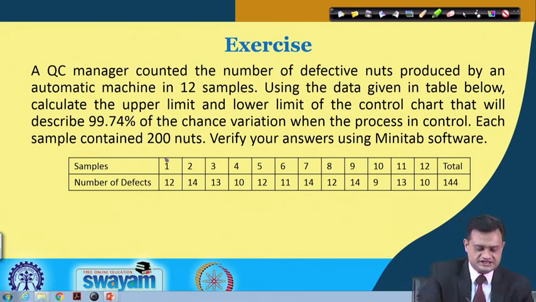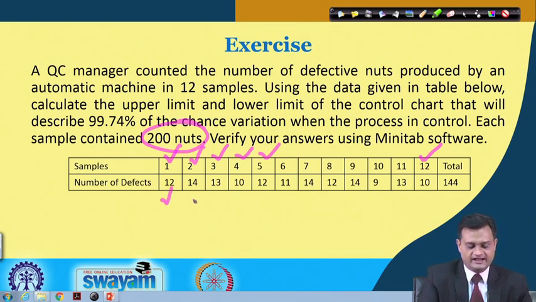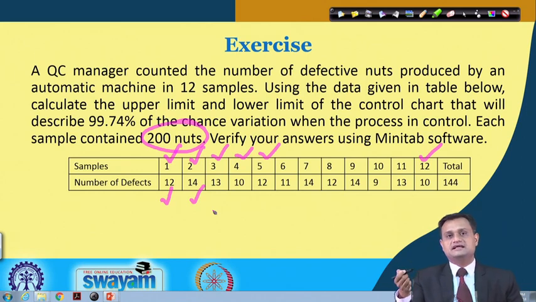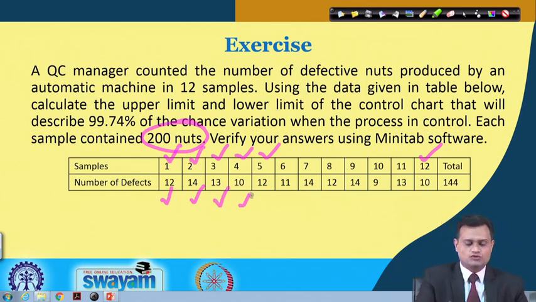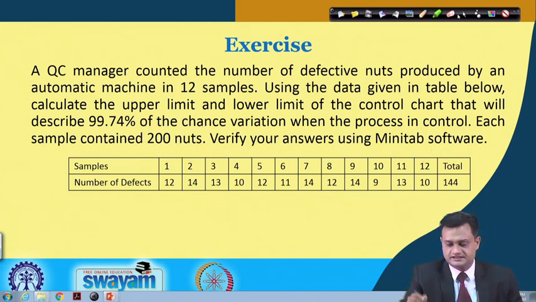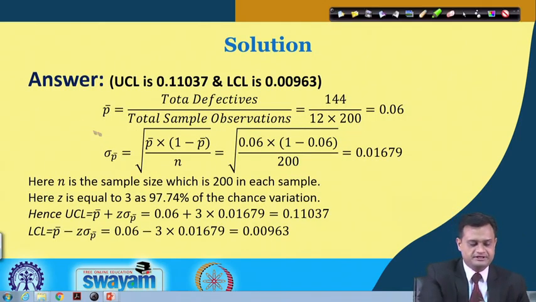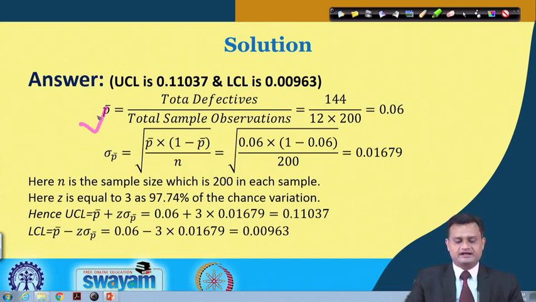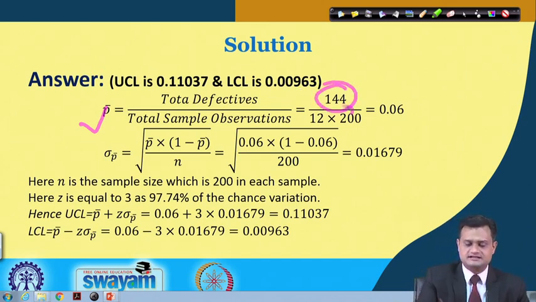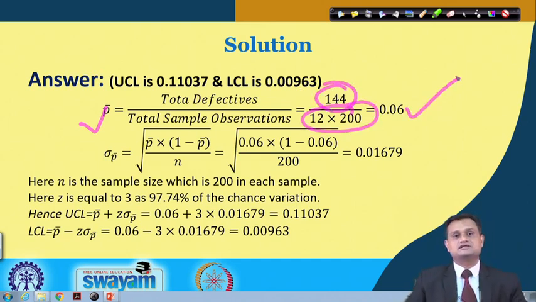So this is the data, sample 1, 2, 3, 4, 5 and up to 12. Each sample is of size 200, and out of 200, 12 nuts are basically defective, and this is what I have identified. Now once I have this data, I can find P bar, which is the total defectives 144 divided by total sample observations, so 0.06.